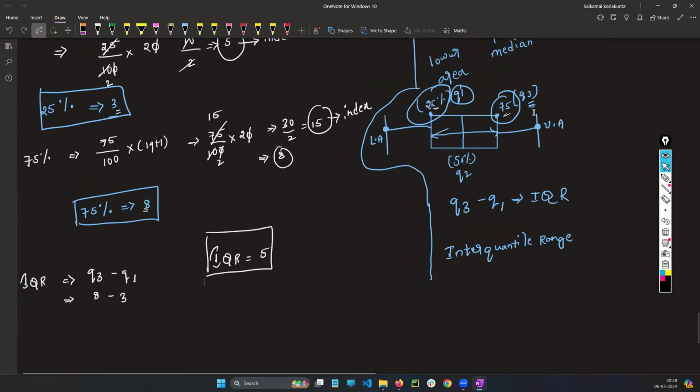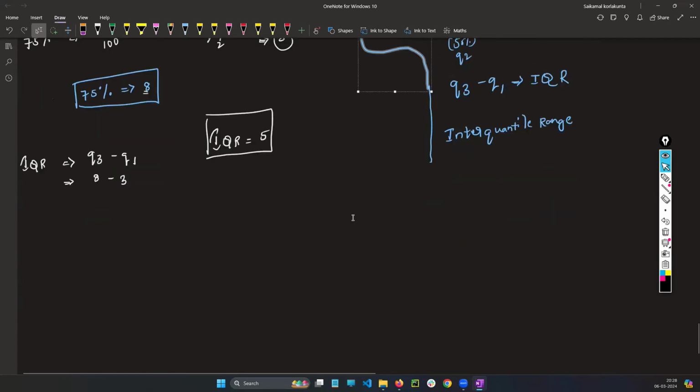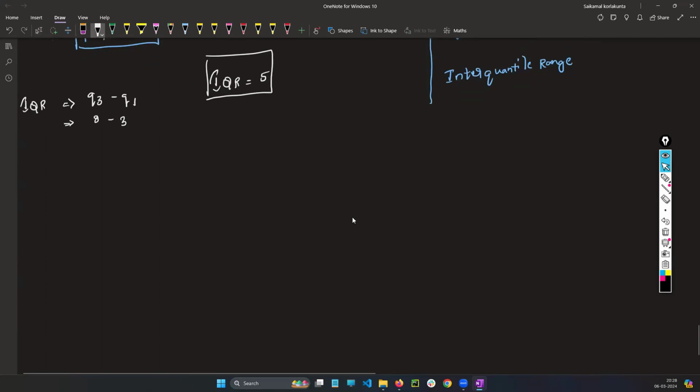Next, what do you want to find out? You want to find out the upper area and the lower area. These are fixed formulas, guys. How will you find the upper area? The upper area formula is 75 percentage of the data plus 1.5 into IQR.